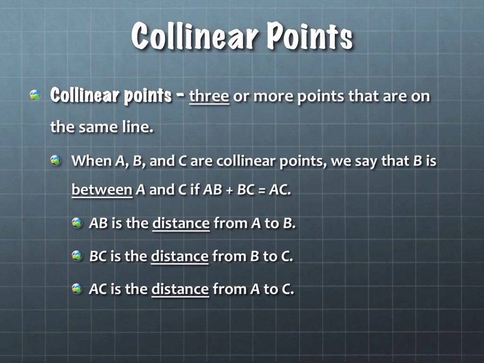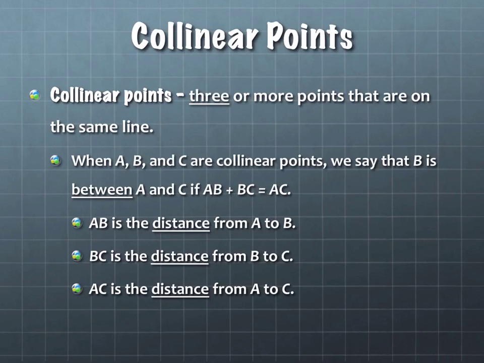Any 2 points automatically have a line that goes through them. You can always draw a line between any 2 points. You can't always draw a line between any 3 points, right? So that's why this is a unique term for 3 or more points: 3 points don't have to necessarily lie on the same line, but 2 points always will.